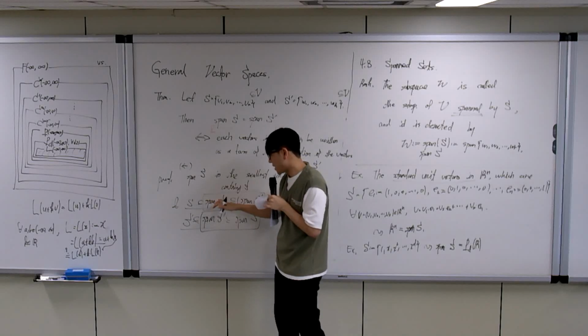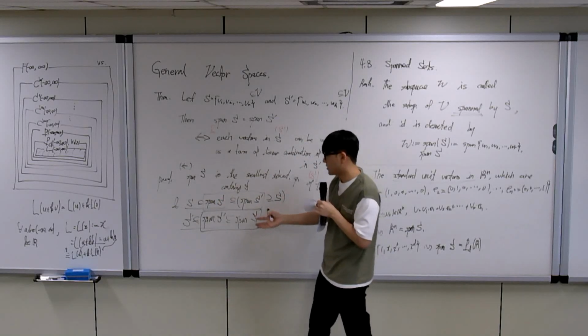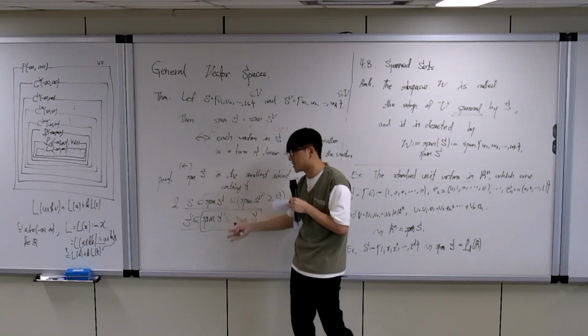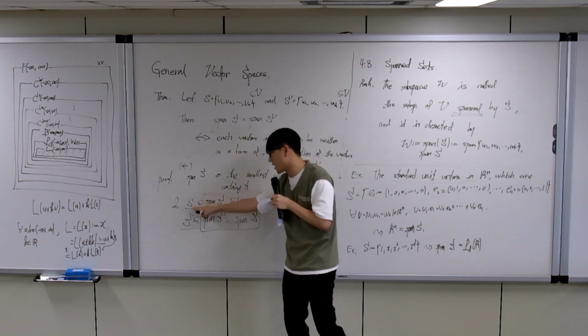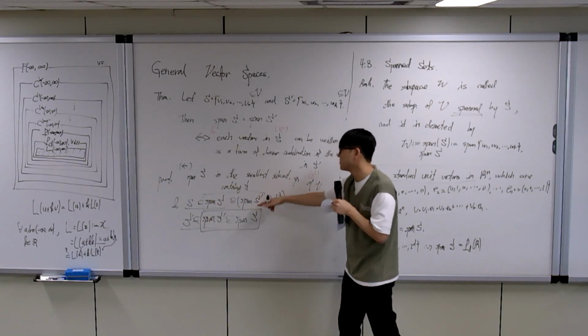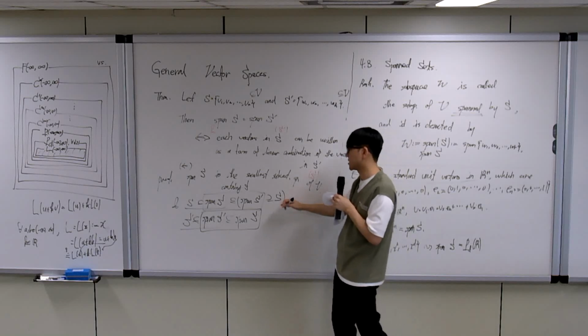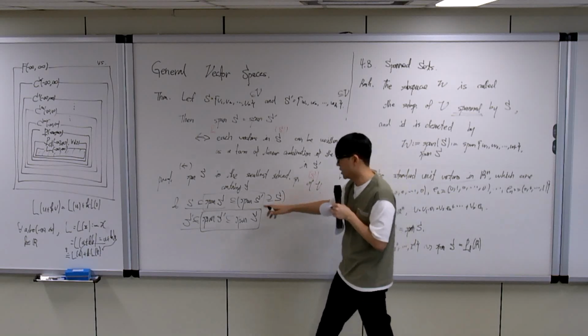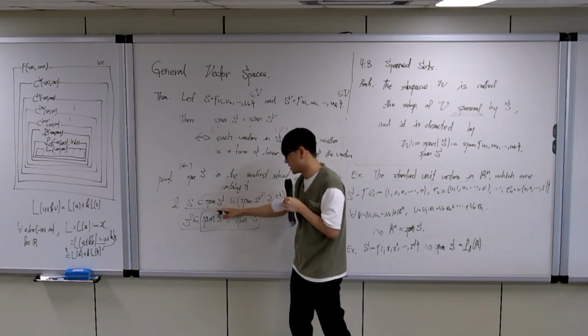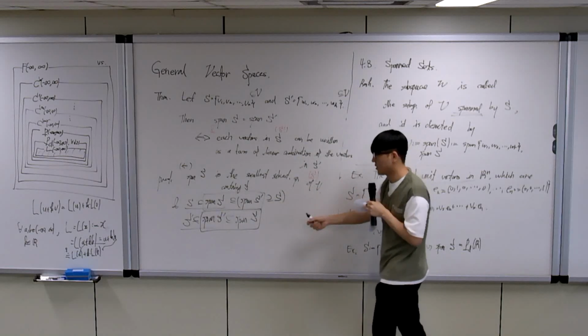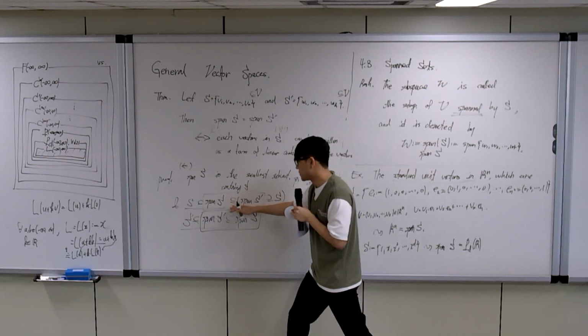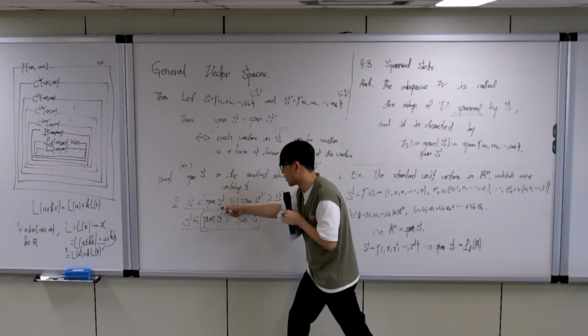Since span S is the smallest subvector space containing S, and span S prime also contains the set S, we have the subspace property, because it's the smallest.